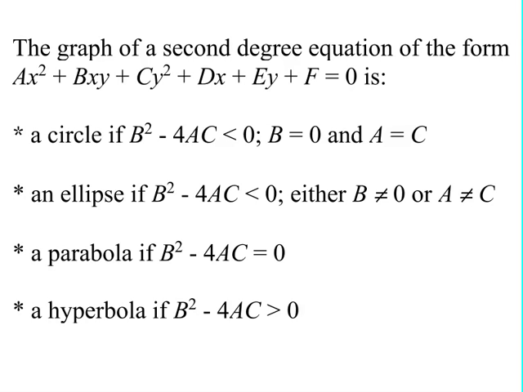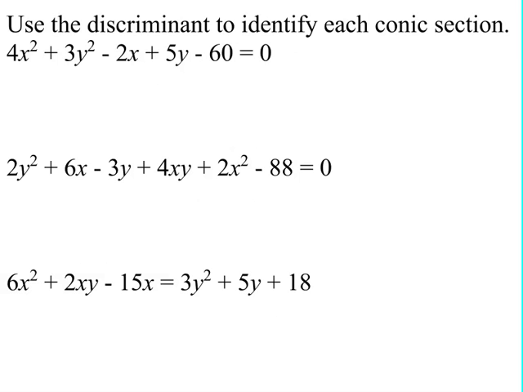Either B doesn't equal 0 or A doesn't equal C. Okay, it's a parabola if B squared minus 4AC equals 0. And it's a hyperbola if B squared minus 4AC is greater than 0. Okay, so we're going to go through those on an example because you're probably like, huh? Okay. So let's go ahead and look at the examples we have now.